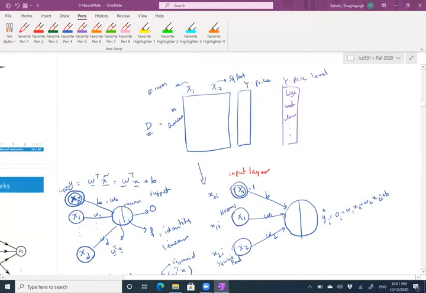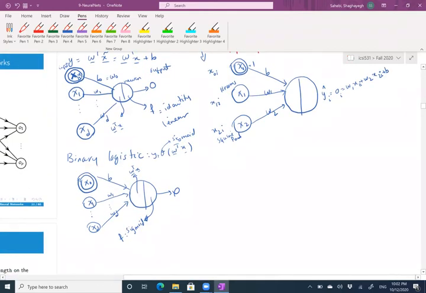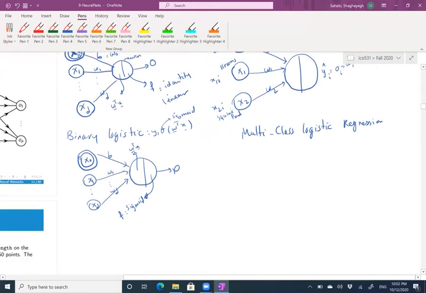Now, because we have 3 categories here, we cannot use binary logistic regression, right? We are going to have multi-class logistic regression. So if I have a multi-class, how can neural networks show that for us?